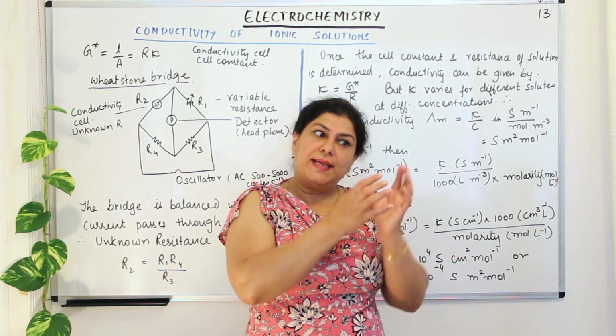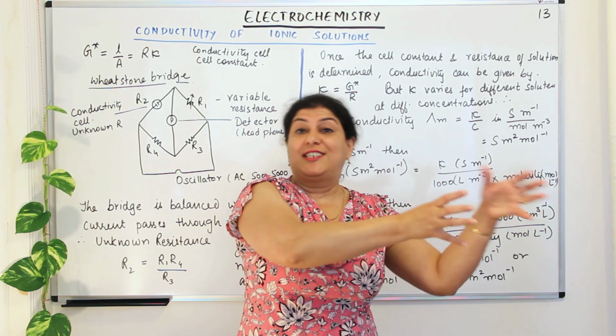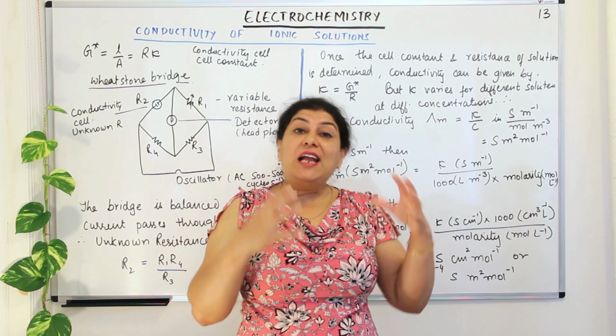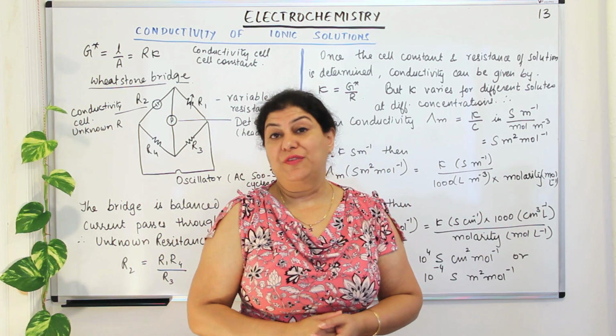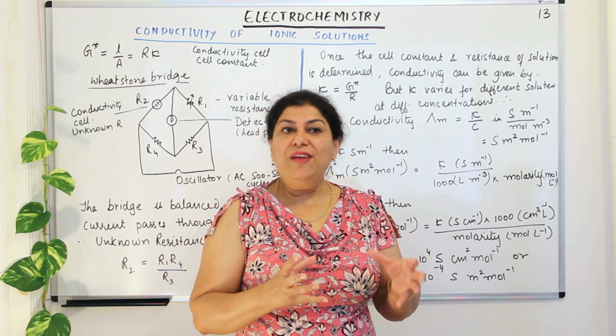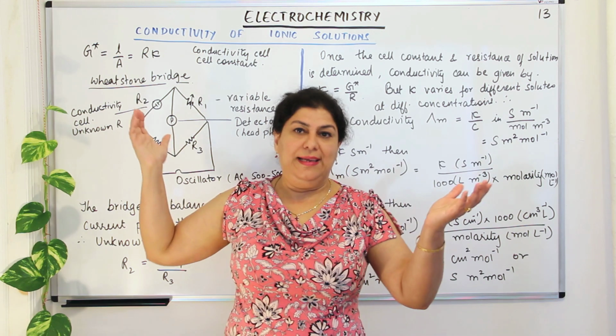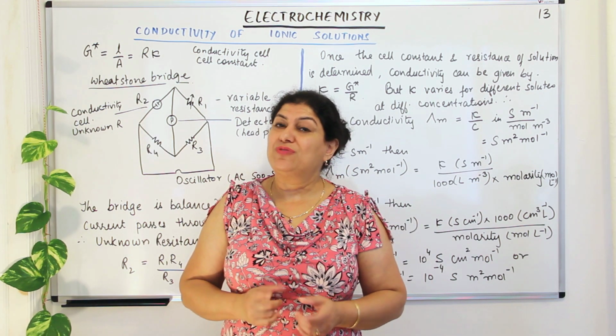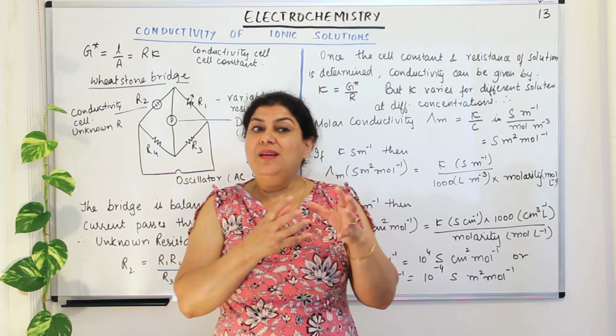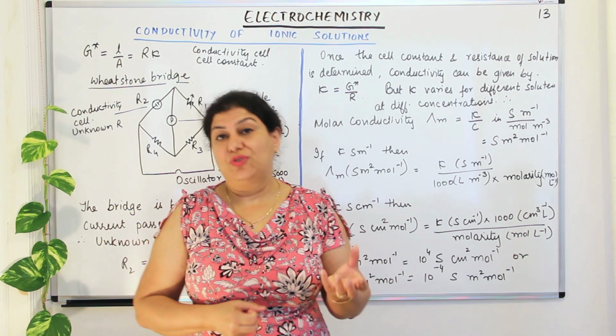Besides, if you take the same ionic compound and you change its concentration, that will also affect the conductivity of the solution. Therefore, when we talk of conductivity just vaguely, we are not being very precise, because we must take into consideration the number of moles, the strength of the solution.